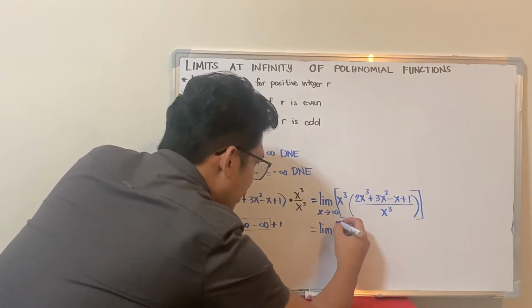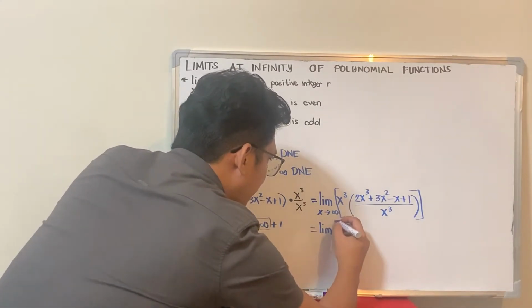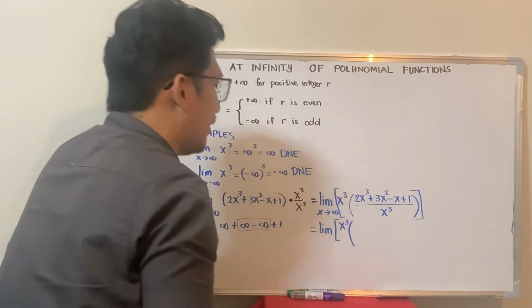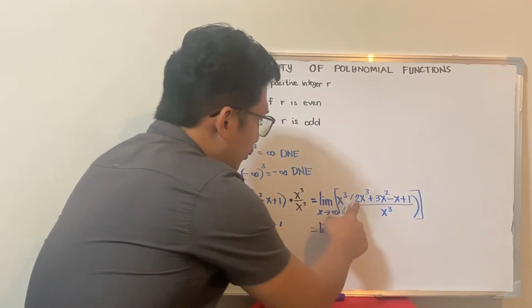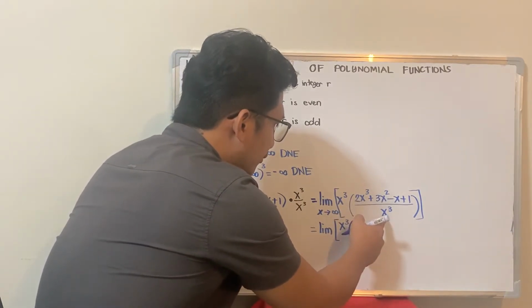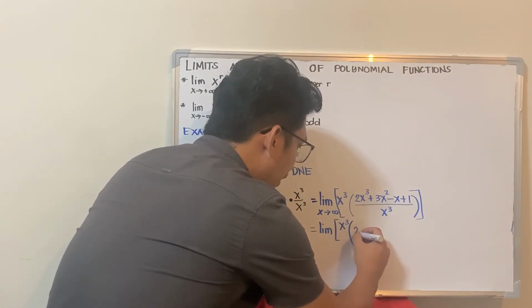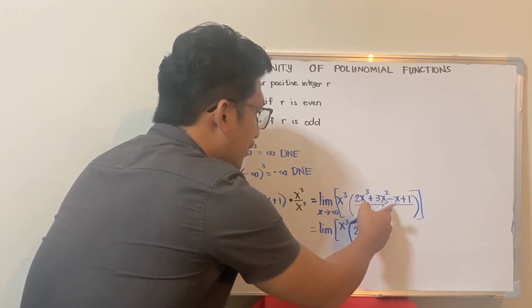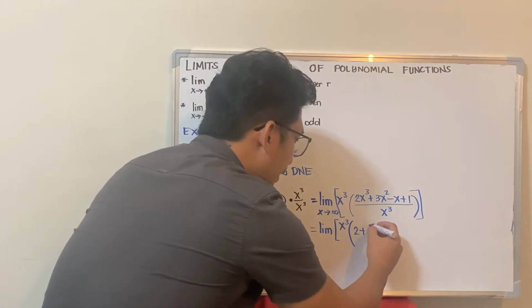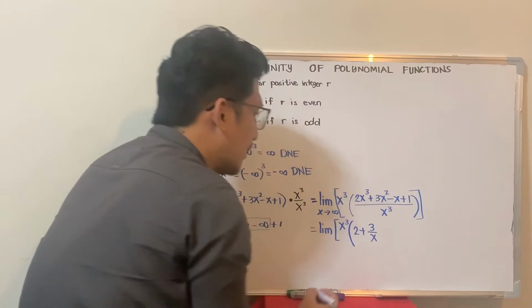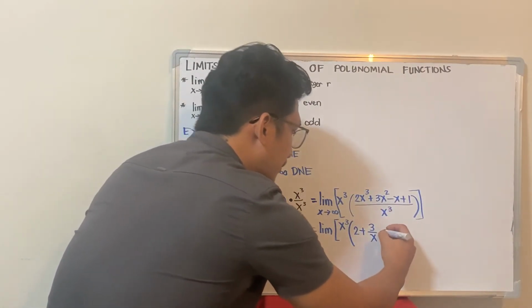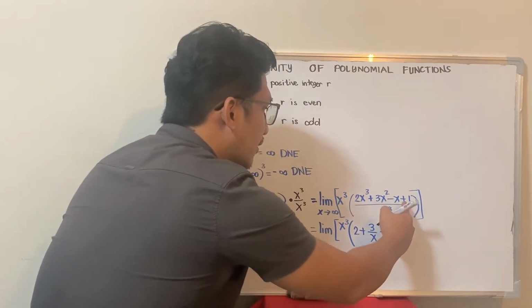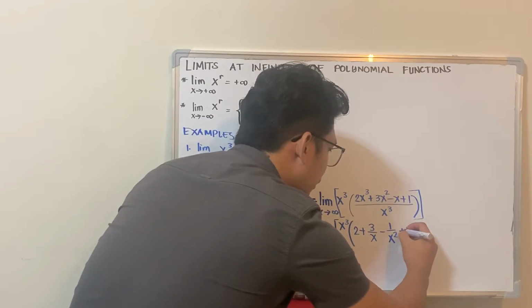You have the limit of x cubed times 2x cubed over x cubed, which is 2, plus 3x squared over x cubed, which is 3 over x, then negative x over x cubed is negative 1 over x squared, and plus 1 over x cubed.